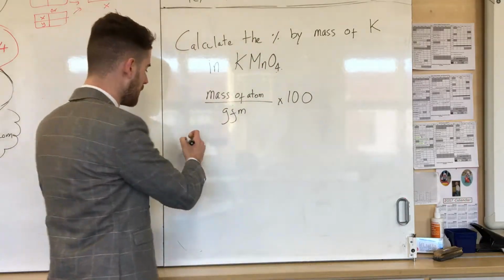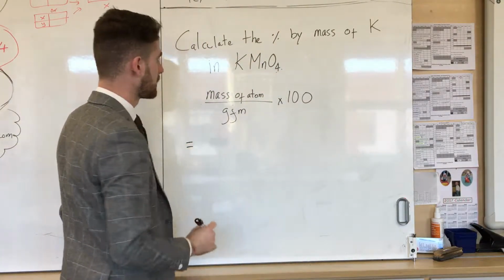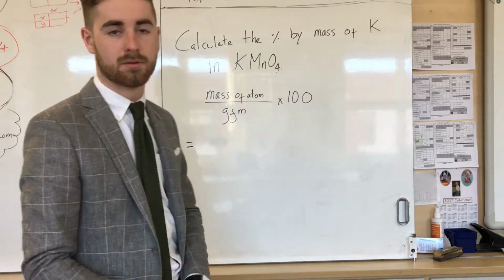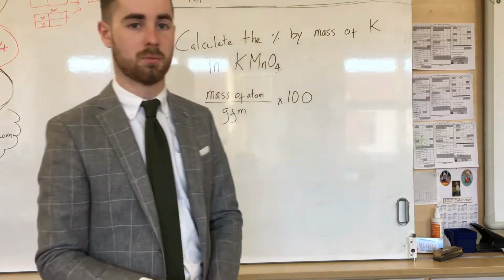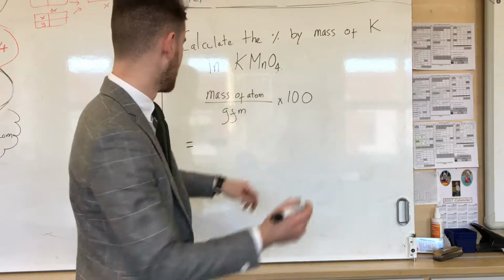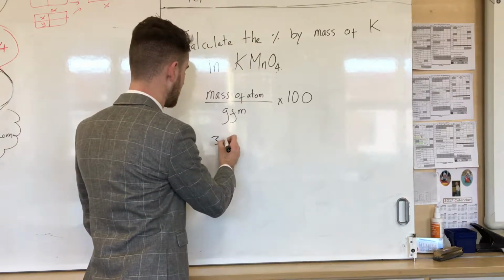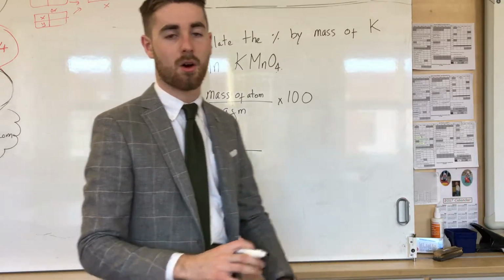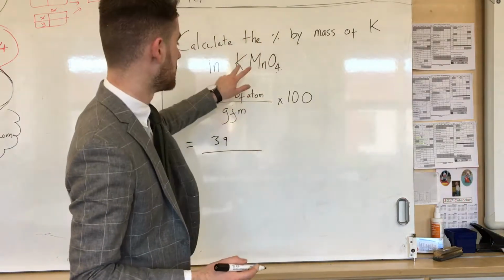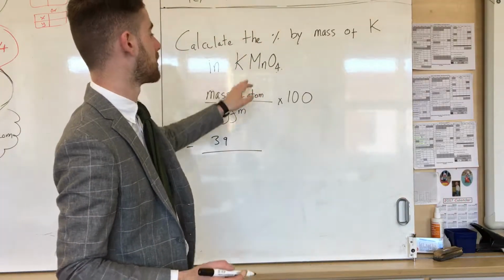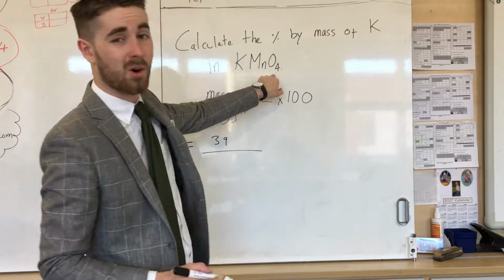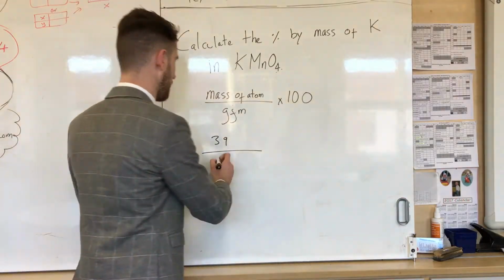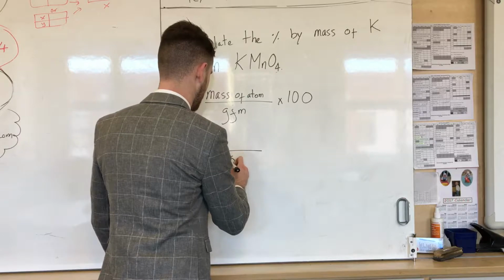So how we work it out is first of all see how many atoms of potassium we have in the compound. Well, we've only got 1. So the mass of the atom is just 39, divided by the total gram formula mass of the entire compound. So it's going to be 1 potassium plus 1 manganese plus 4 oxygens, which gives us a total mass of 158.